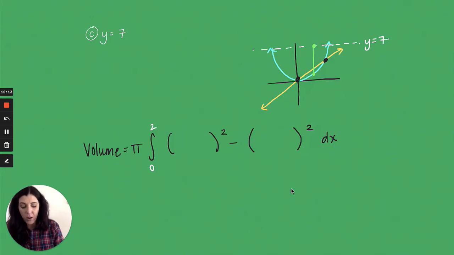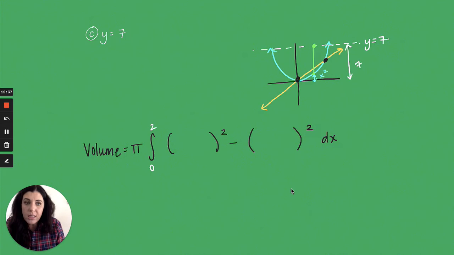So here is how I suggest thinking about this. The distance from that blue parabola to the x-axis is x squared, which we just talked about in the last one. The distance from the top of that to the x-axis is 7.